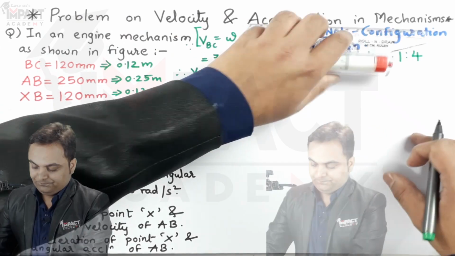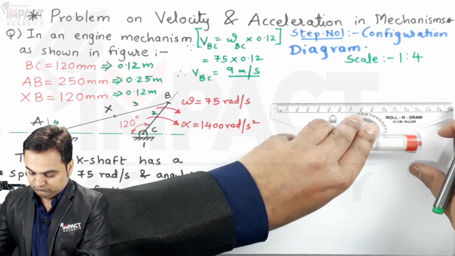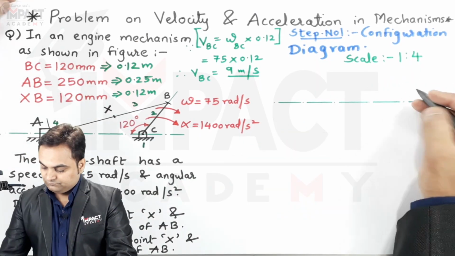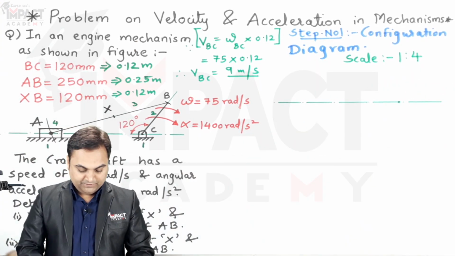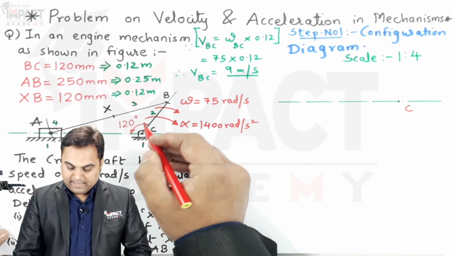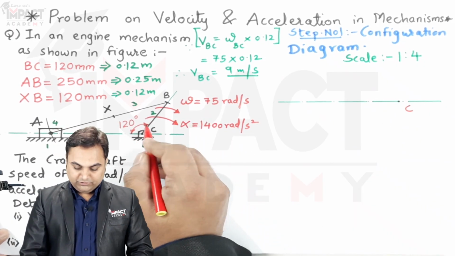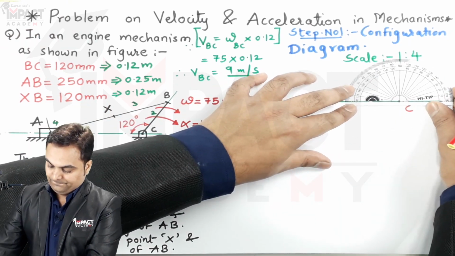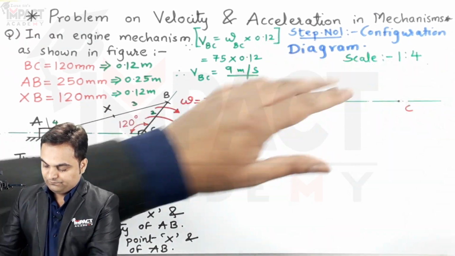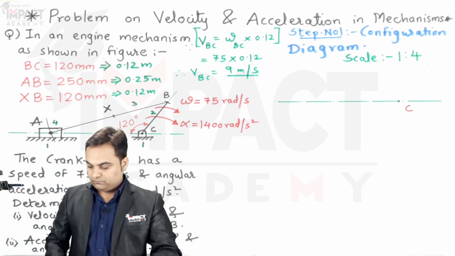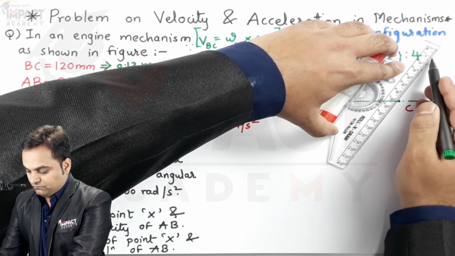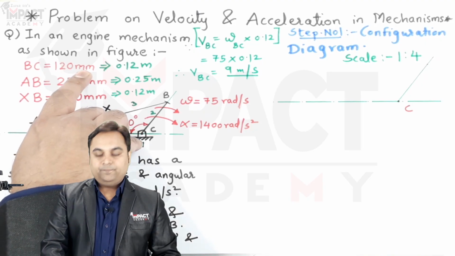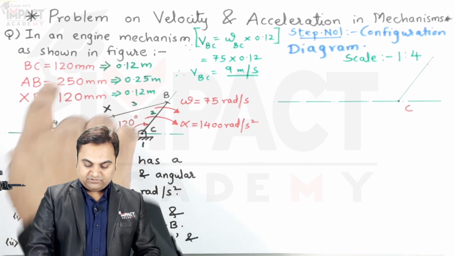For that, this is point C. Angle made by link BC with horizontal is 120 degree. Since the length of link BC is 120 mm, so dividing by 4 it becomes 30 mm.